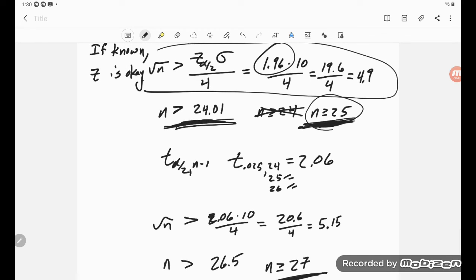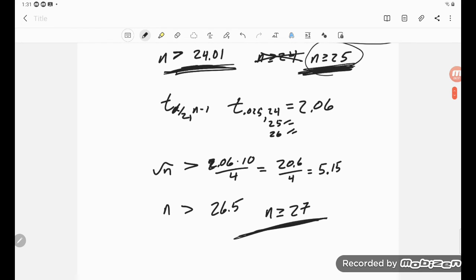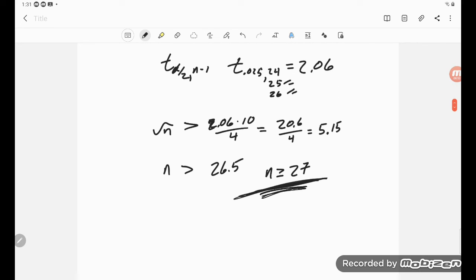A better answer is 25 because of the 24.01, but it's really, really close there. And then really the better answer yet is 27 because we really probably ought to be using a t distribution, but it gets a little nasty in there because that number keeps changing, but it doesn't change that much.